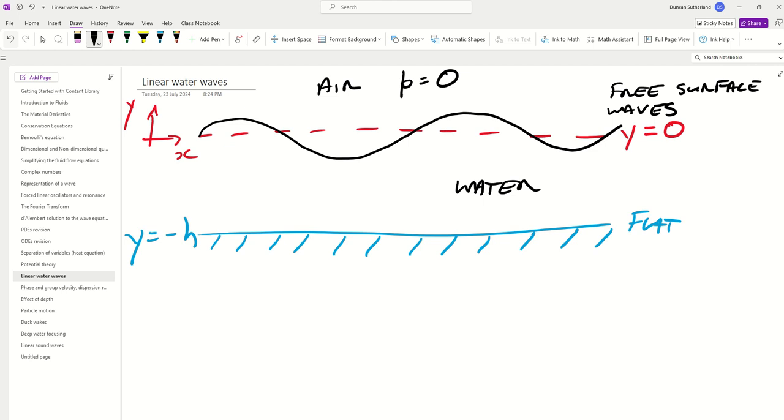We have two things driving our wave motion, really. The inertia, so this flow has been set in motion. We have perturbed our surface in some way and given it some wobbles. And gravity is the restoring force. Gravity is trying to pull the wave back into equilibrium.